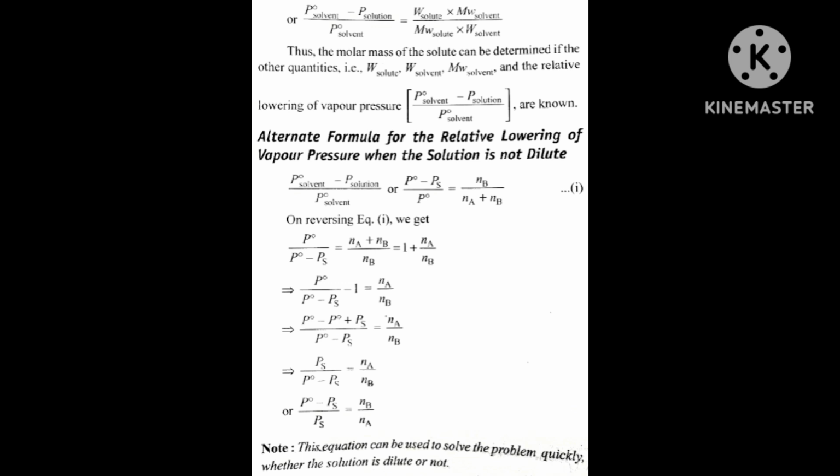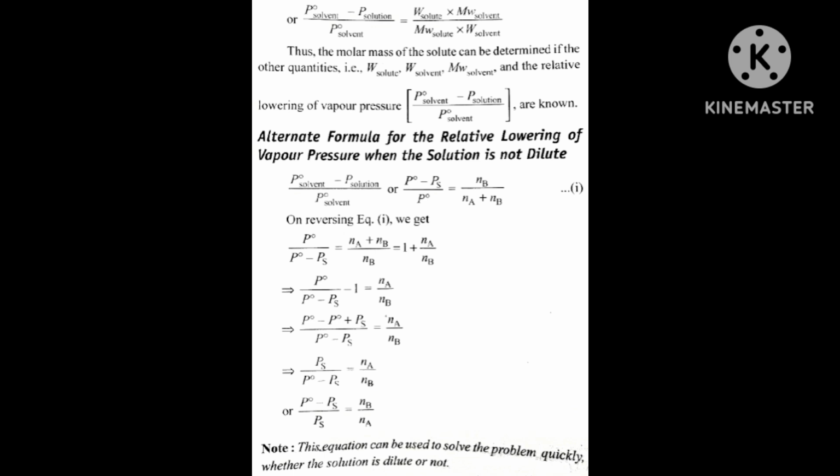Correct? Now, just to understand, in a solution containing several non-volatile solutes, the lowering of the vapor pressure depends on the sum of the mole fractions of the different solutes.